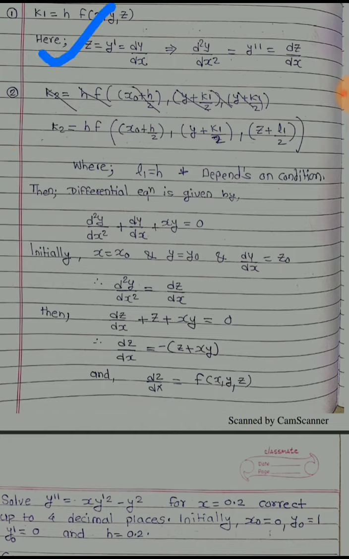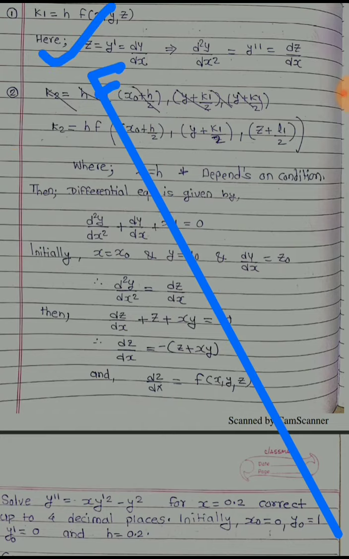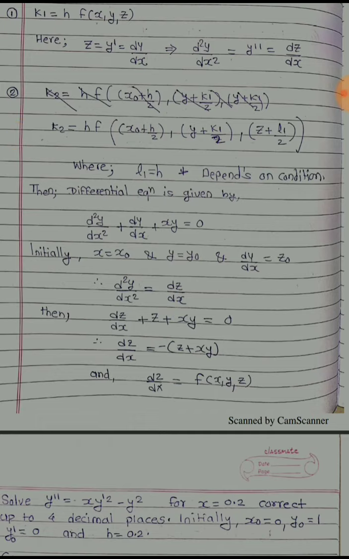z is equals to y dash is considered. Once again, the second order equation is represented as d square y by dx square is equals to y double dash, which is f dash of x comma y.